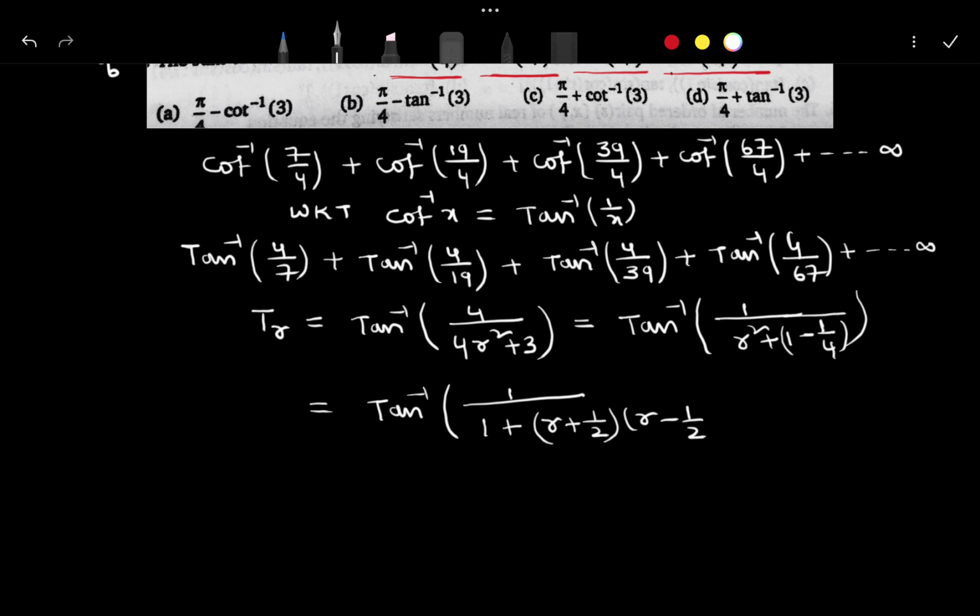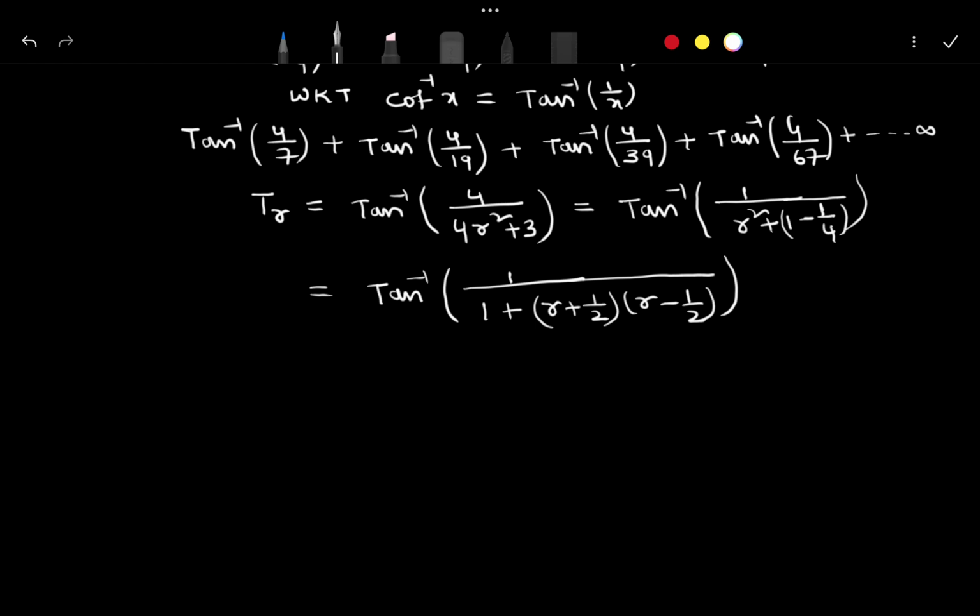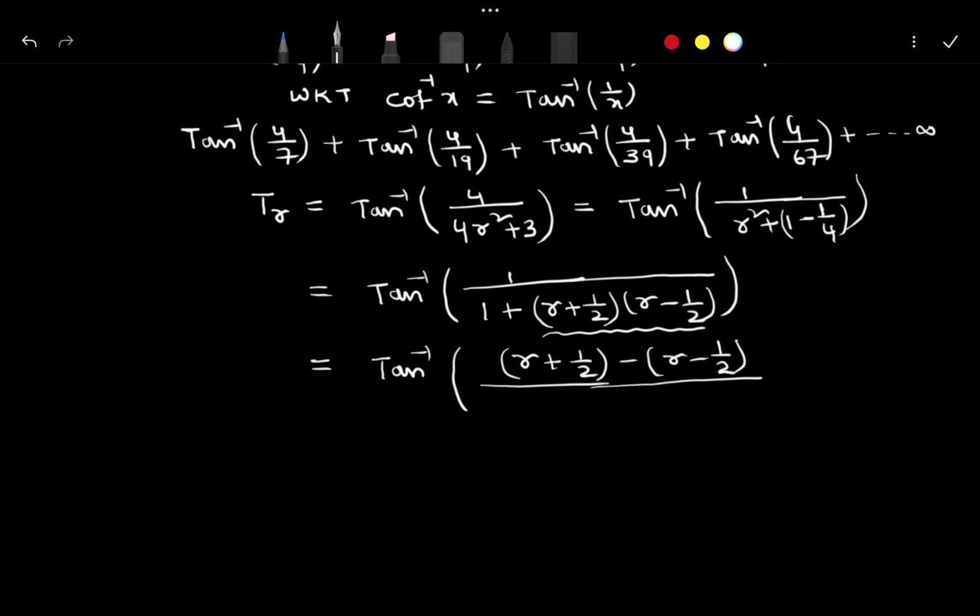Now the numerator 1 is replaced with this value, so the numerator is written in terms of r plus 1 by 2 and r minus 1 by 2: r plus 1 by 2 minus r minus 1 by 2, whole divided by 1 plus r plus 1 by 2 into r minus 1 by 2.